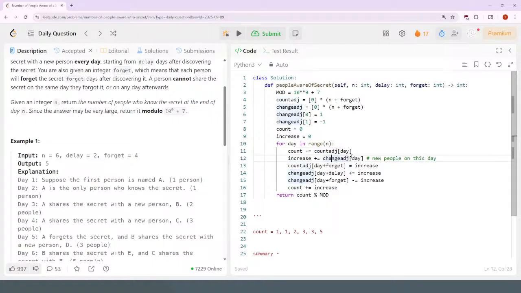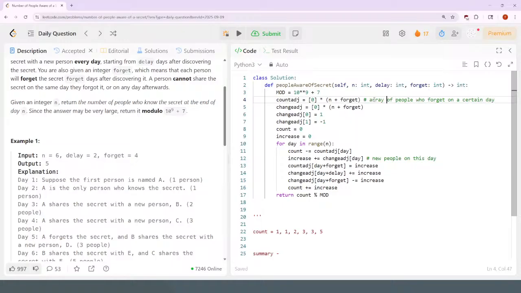And then there's some increasing velocity for how many people are there on this day. So this is really where the new people come in. This is intended for just people forgetting. This is an array of people who forget on a certain day.